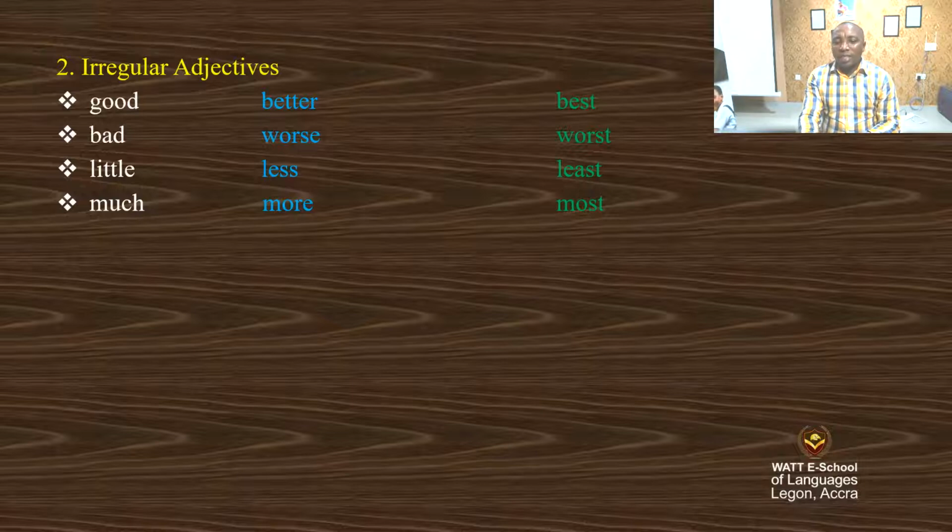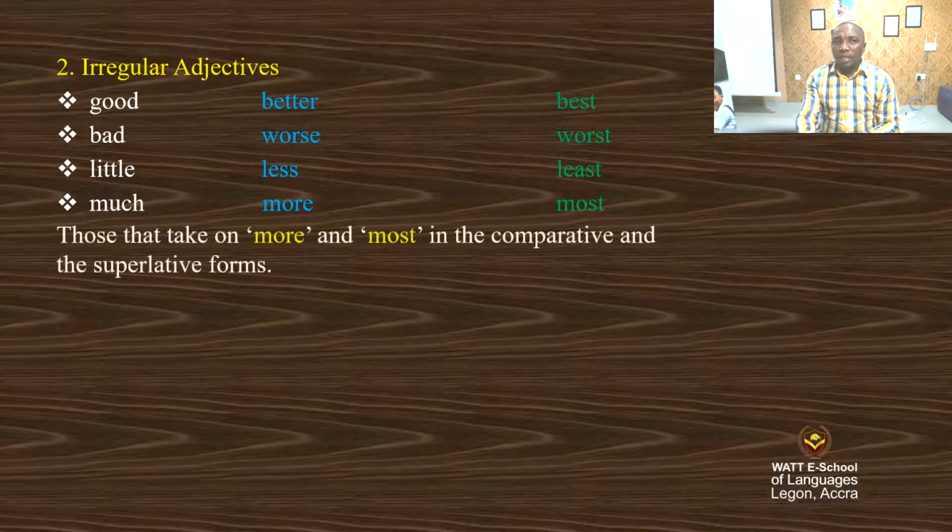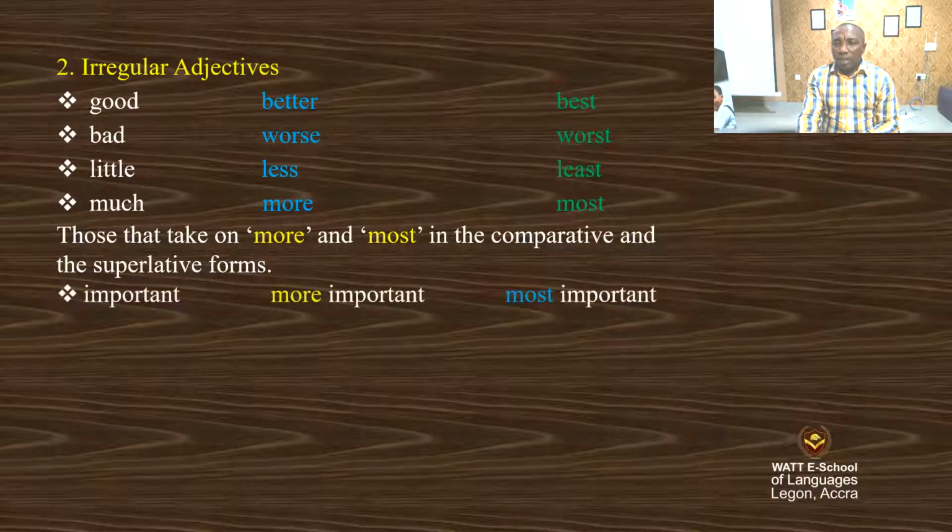Now, those that take on more or most in the comparative and the superlative form. We have these adjectives that will take the more and the most. Let's have a look at them. Important, more important, most important.